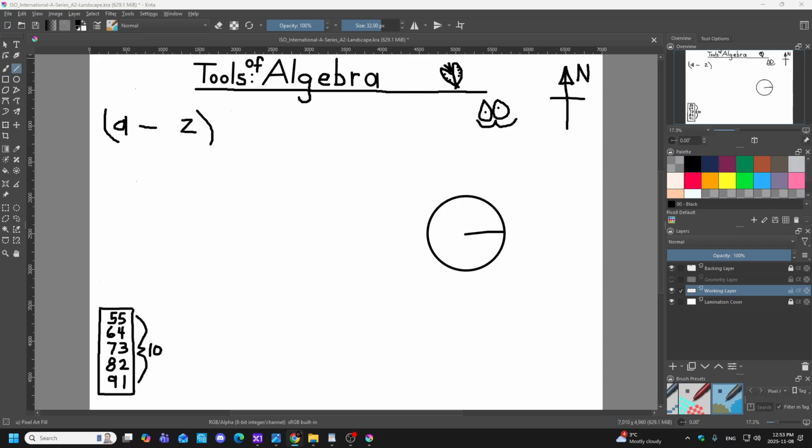Continuing on. Geometry. The word problem says the area of a circle is the number pi. Have you seen the word pi before?